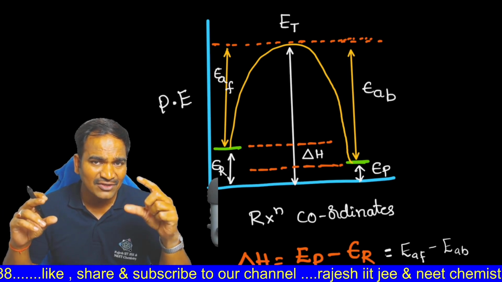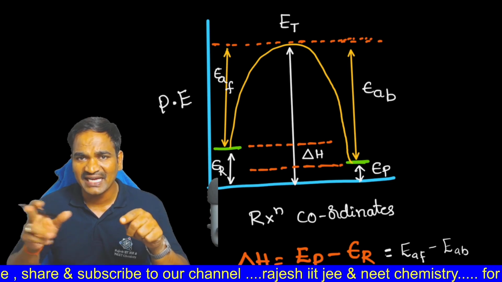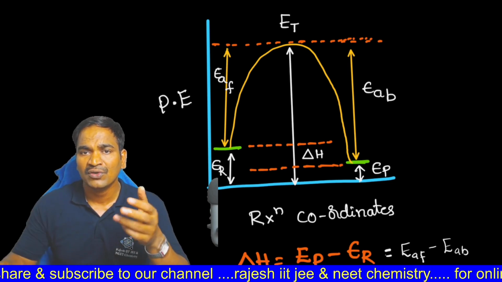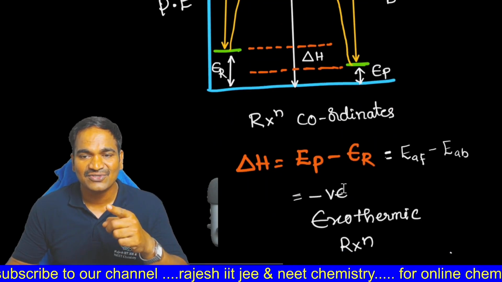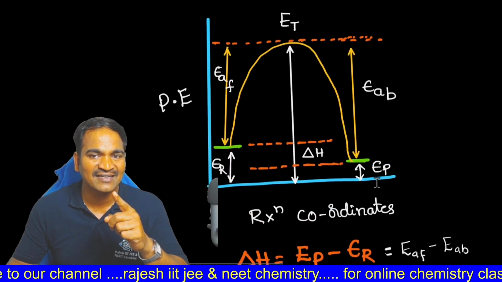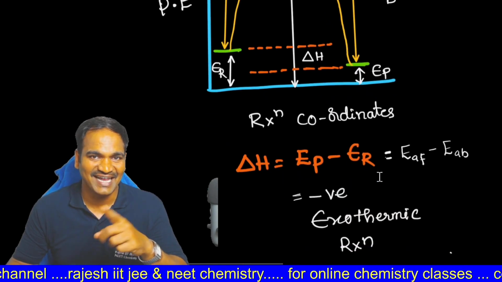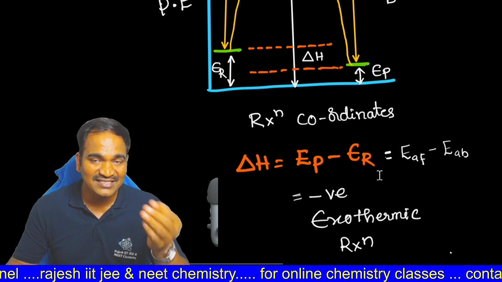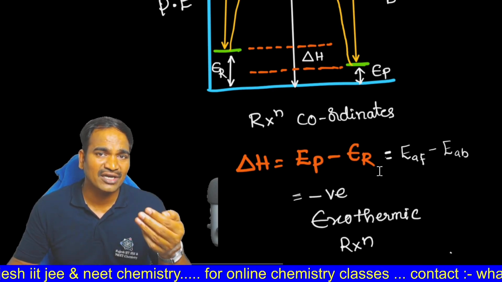Both EA values: EAB is smaller than EAF. If you do EAF minus EAB, here you will get a negative value. You see this, negative value. So therefore, if delta H is negative, the given reaction is an exothermic reaction. Have you got what I am talking about? Like this, you can calculate with the help of a graph whether the given reaction is exothermic or endothermic.